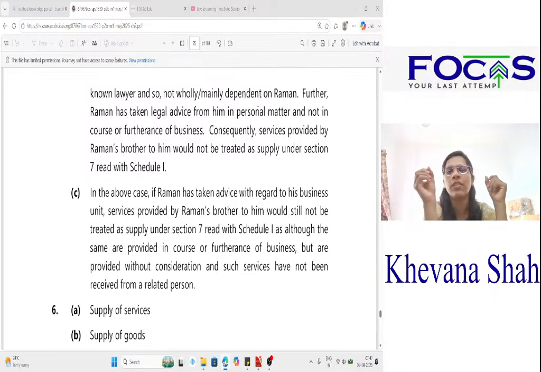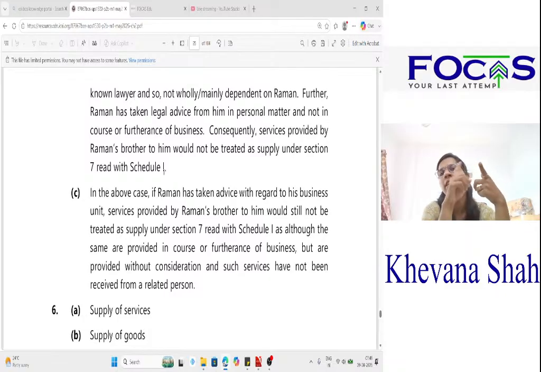Now, further, Raman has taken legal advice from him in personal matter. Okay. So this is not in the course or furtherance of business. So see, he has taken advice for his personal matter and not in the course or furtherance of business. Then, consequently, services provided by Raman's brother to him would not be treated as supply under section 7 read with schedule 1.